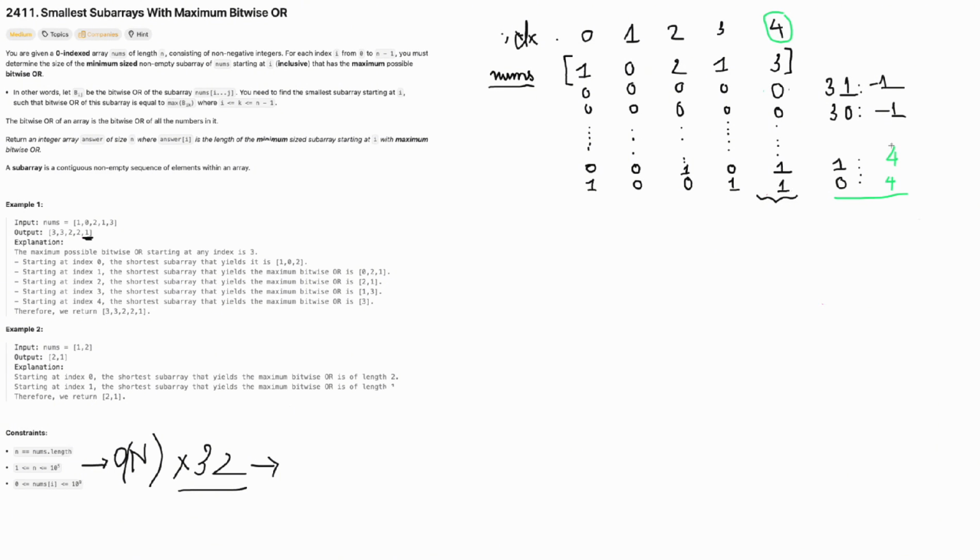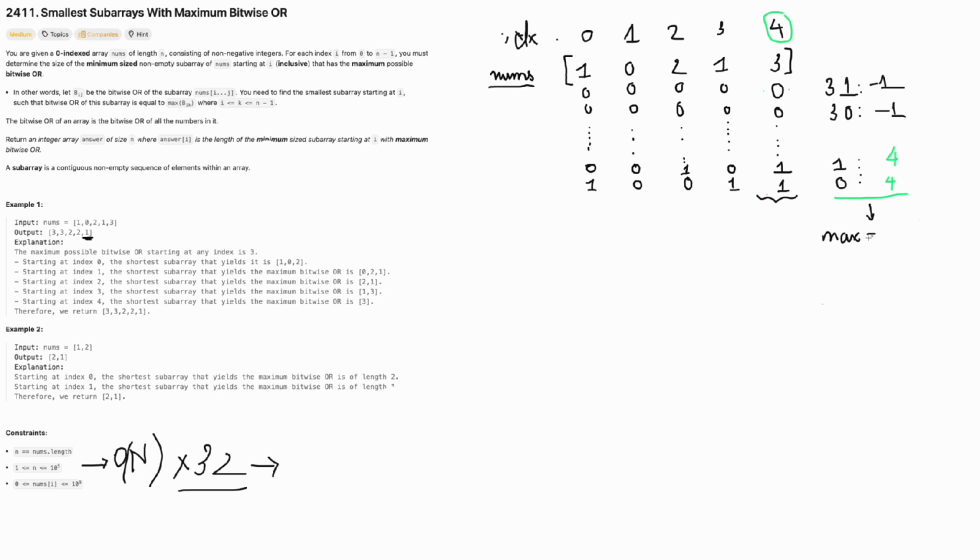Here we have 4. That is the current index, the bit position where the bit 1 appears. Now what is the answer here? That is 1. How can we come up with the answer? We should get the max over the bit positions.